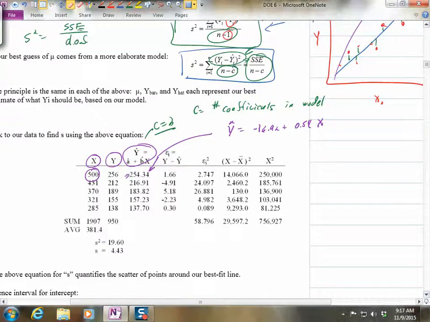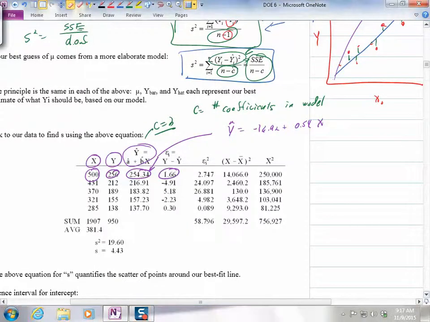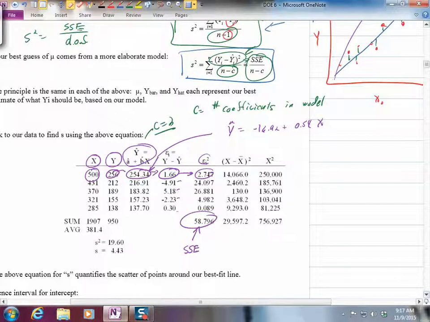And then you copy it down, and there you get your model predictions. The errors are, there's my data, there's my model, that's my error, the difference between those two. Square each of them and add them up. That's the sum of the squared errors. Does everyone see that?